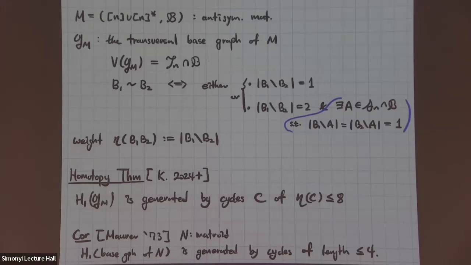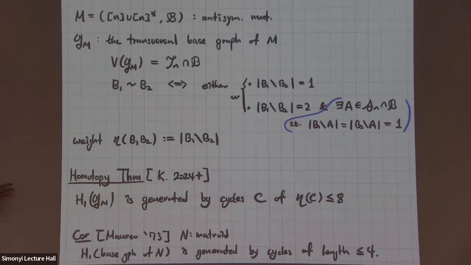For the given antisymmetric matroid, we define a transversal base graph, whose vertices are the transversal bases, and we give an edge when the difference between the bases is 1, or equal to 2 with a certain additional condition, but maybe you can neglect that. The weight of an edge is nothing but the difference.